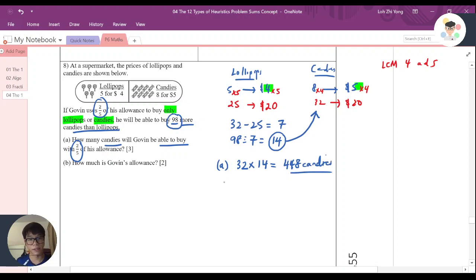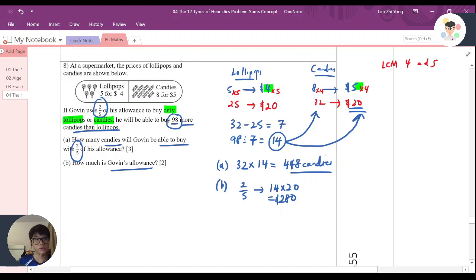Now for B, how much is Govin's allowance? Again, we know that it is 14 times of the price here, $20. It means that 2/5 of the allowance is 14 times 20, which is equal to $280.